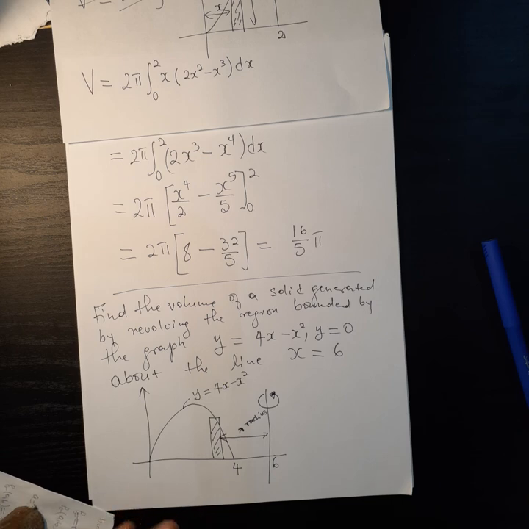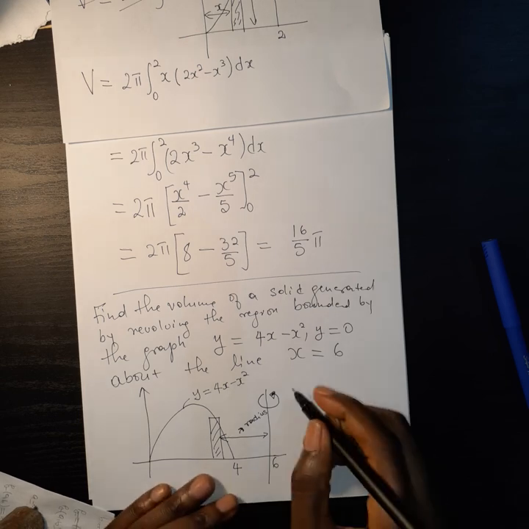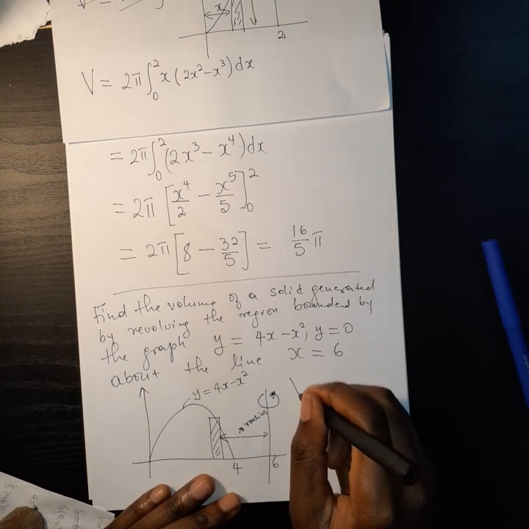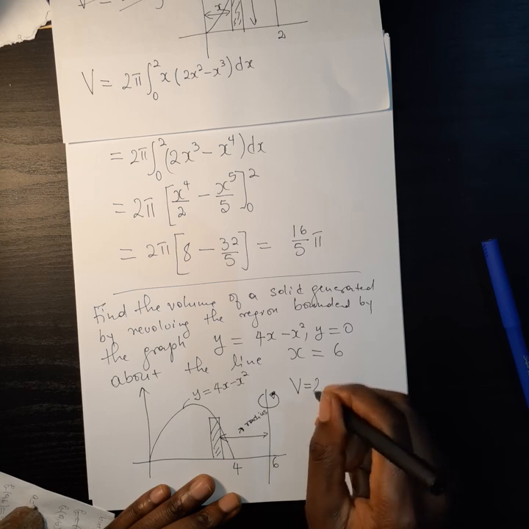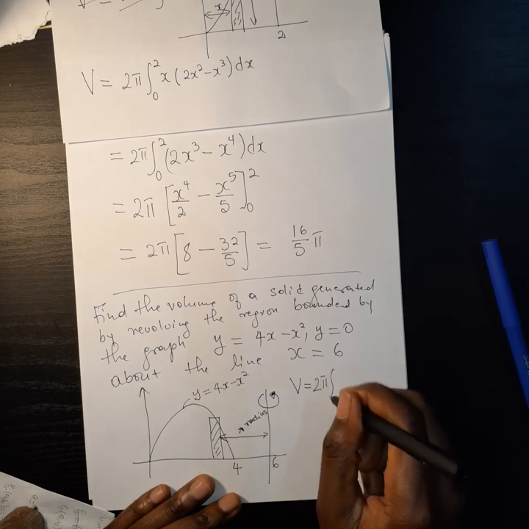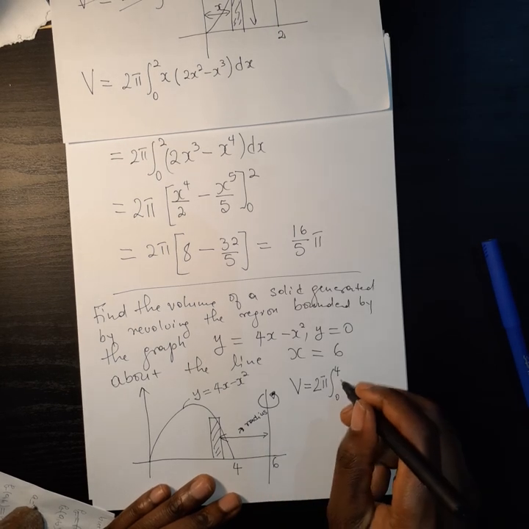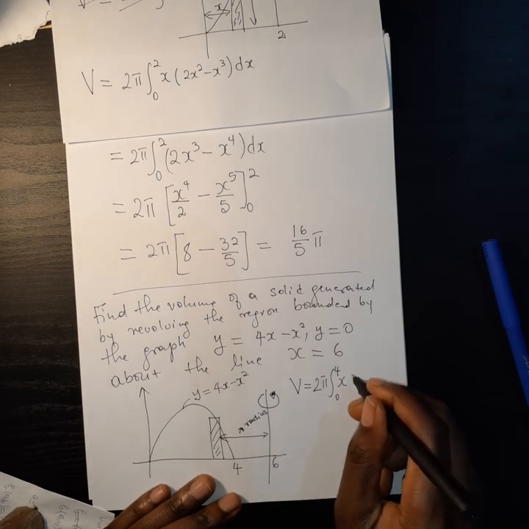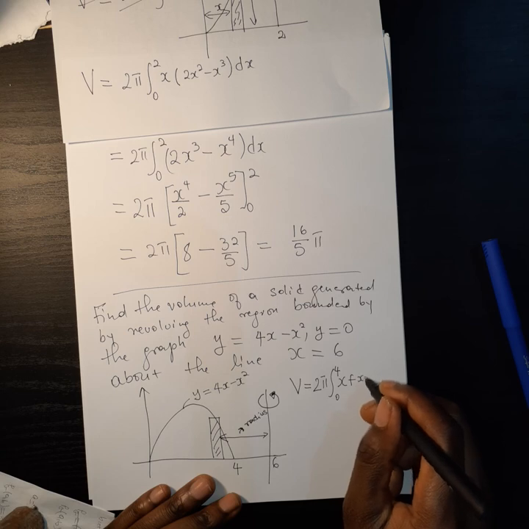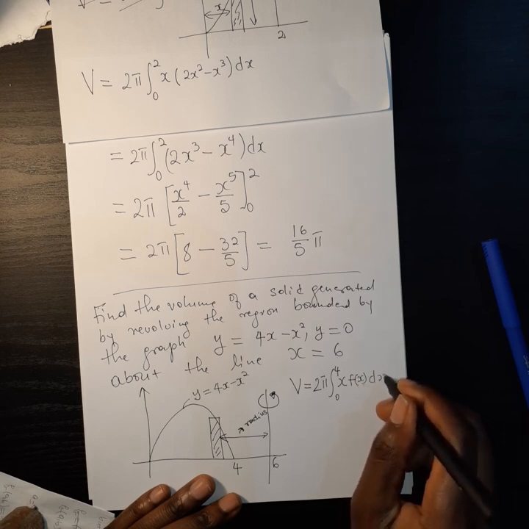Okay, so how do we formulate the integral? So we can see that V will be equal to 2 pi, the integral from 0 to 4. Now we know we need our radius, we need our height, we need our thickness.